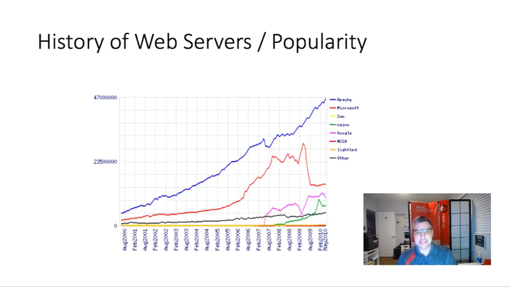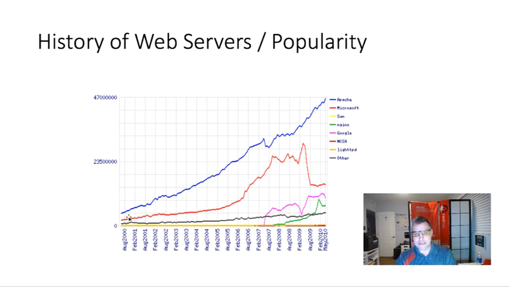So if we look at the history of the web servers here on this chart, this is taken from the internet. And there is an organization that does analysis all the time, capturing what percentage of the servers out in the internet are running the various web servers. And as you can see, back in August of 2000, Apache was still ahead of Microsoft, right?